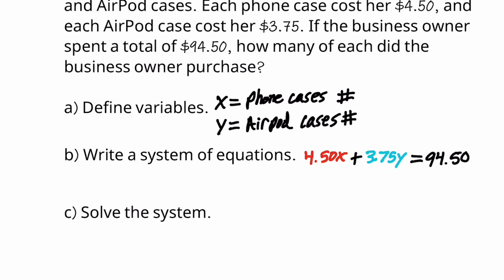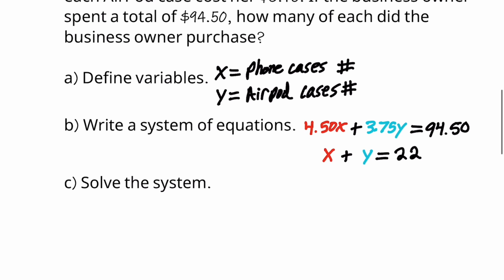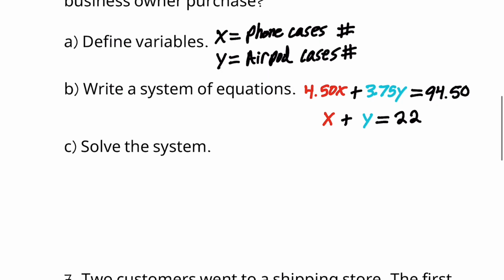All right, now my second equation. She bought a total of 22 cases. So the number of phone cases plus the number of AirPod cases should give us a total of 22. And there we go. Here is my system. Now, it's asking us to solve this system. Okay, let's go ahead.